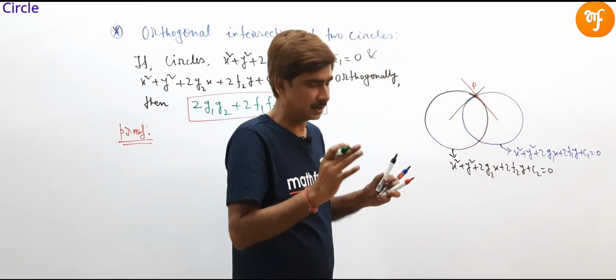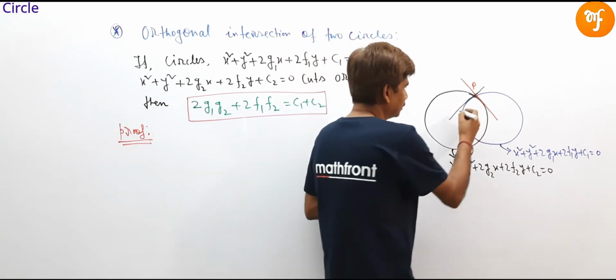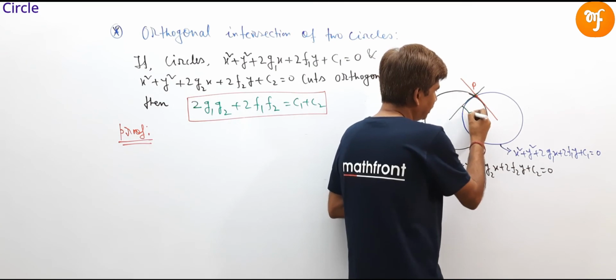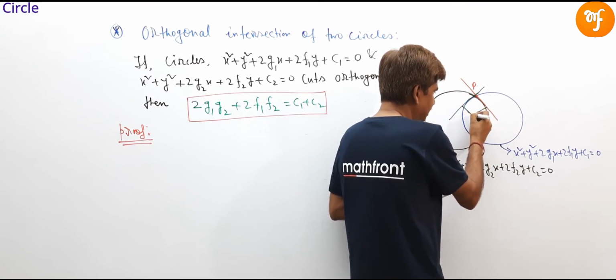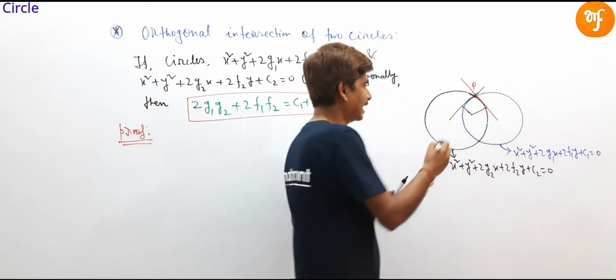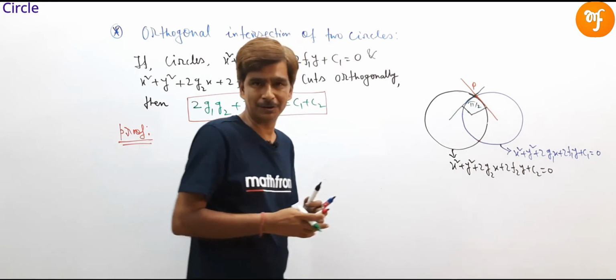Look, I tried here to make these tangents perpendicular to each other. So this is perpendicular. This means the angle of intersection is 90 degree. And when the angle of intersection is 90 degree, we say the circles cut orthogonally.